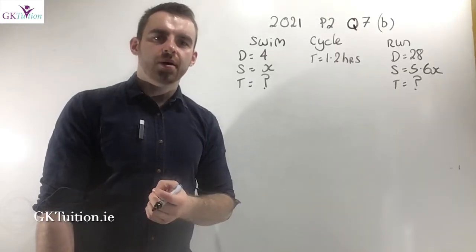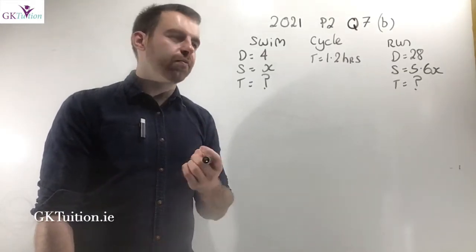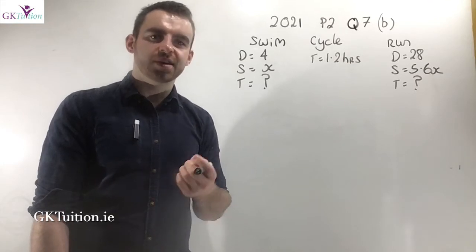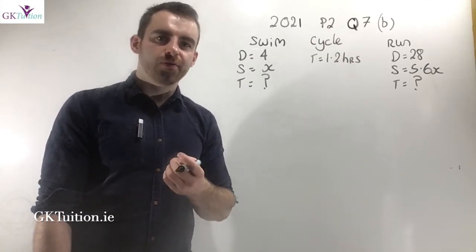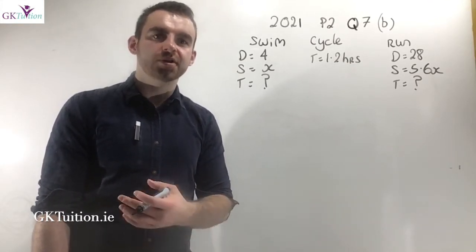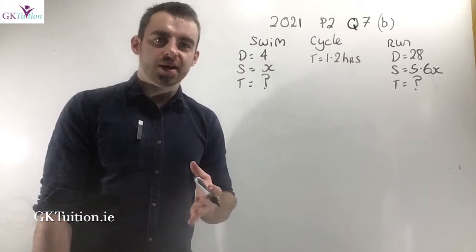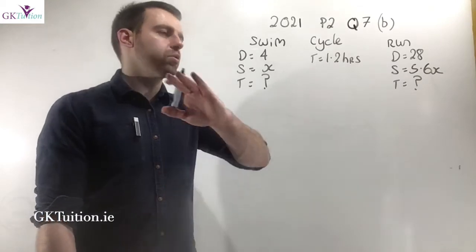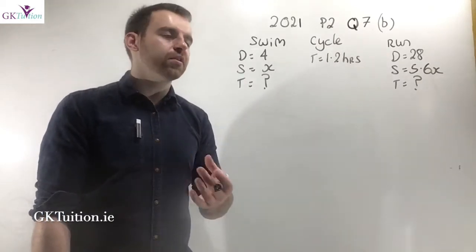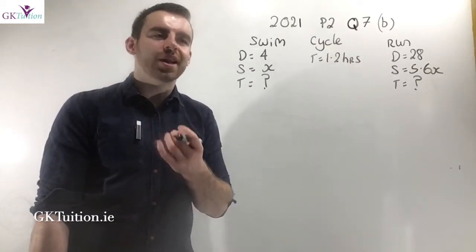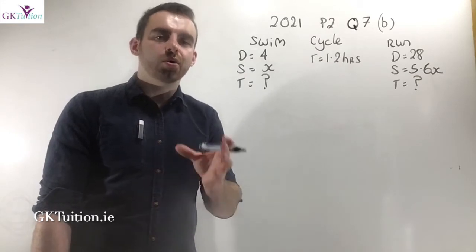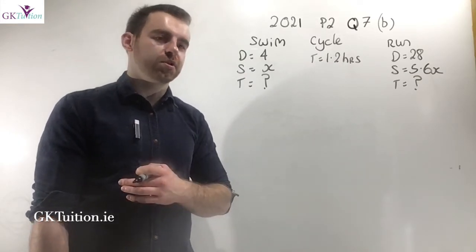In part B, we're told that Mary runs 5.6 times as fast as she can swim. And it takes her 4.8 hours to do the entire triathlon. We're asked to work out what speed can Mary swim. So I've just written out all the information here. Obviously, ultimately, we're concerned here with the length of time. We know the total time is 4.8 hours.